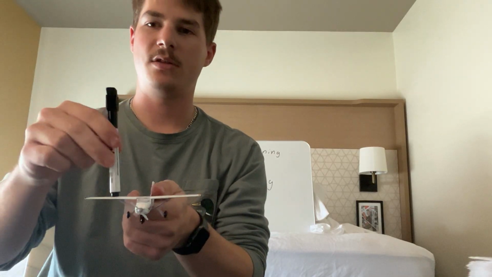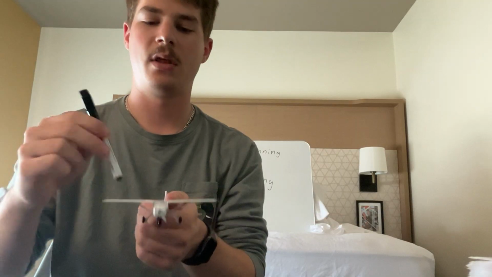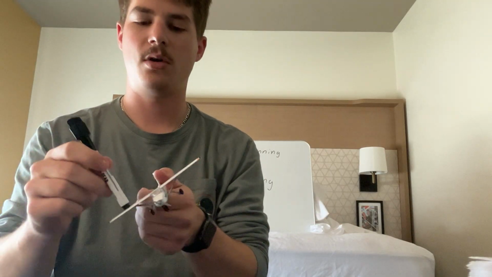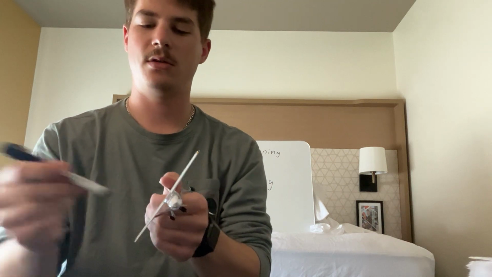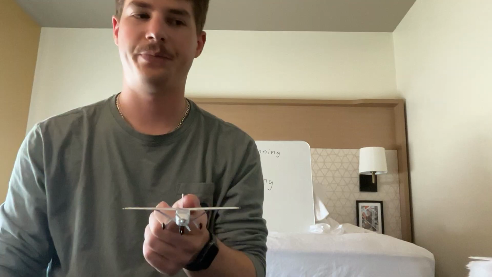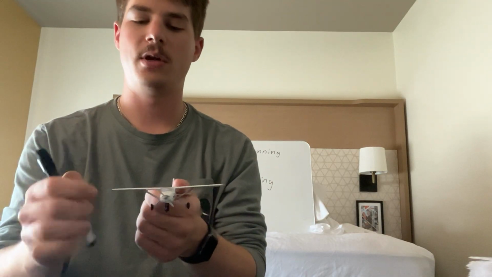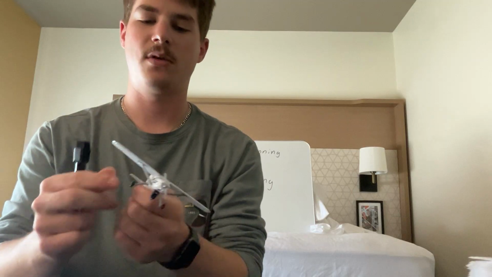So we cannot see above us, right, because we have this wing. And then when we're in a turn, we cannot see to the side of us, at least in the direction of the turn.